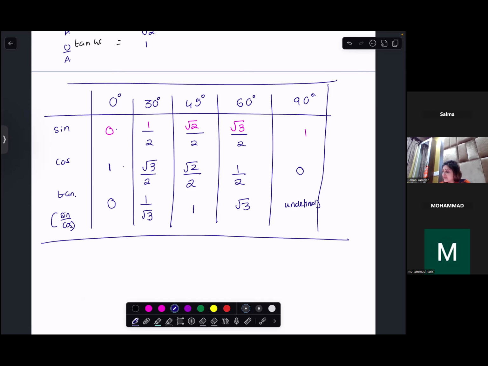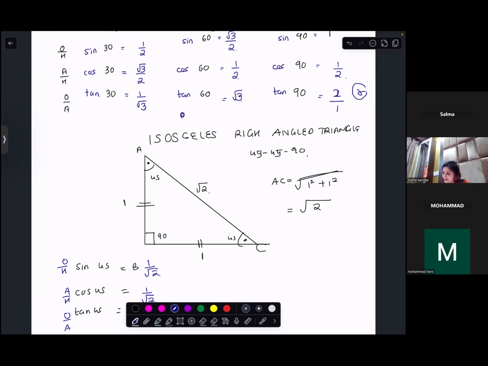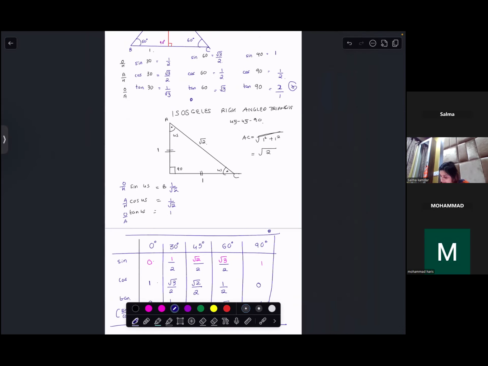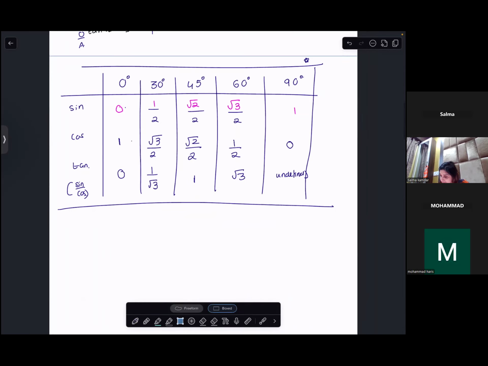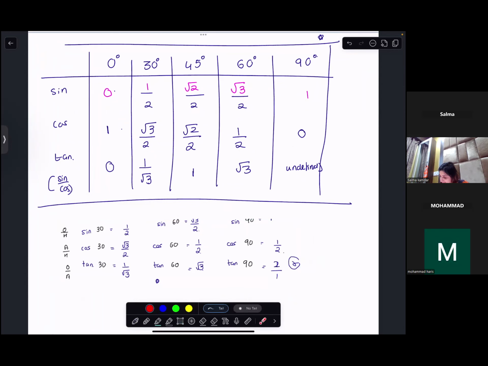You either do it this way or this way, you're going to get the same answers. Now I'm going to crop and show you. See, tan 90, I had put a question mark. Because 1 divided by 0 is undefined.